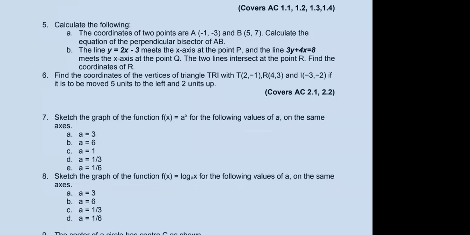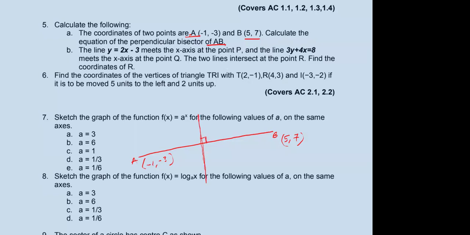So there are 2 points, A and B. Calculate the equation of the perpendicular bisector for AB. A is (-1, -3) and B is (5, 7). When you say perpendicular bisector, it is going to cross it in the middle.